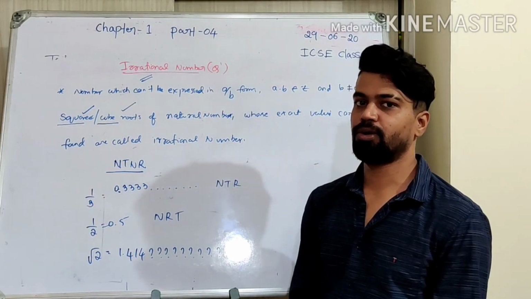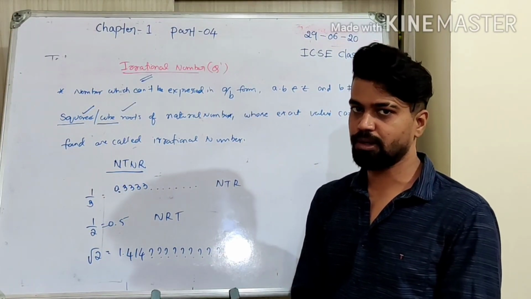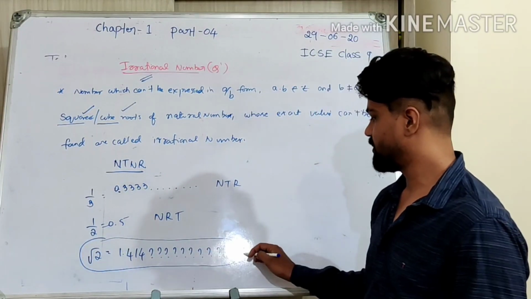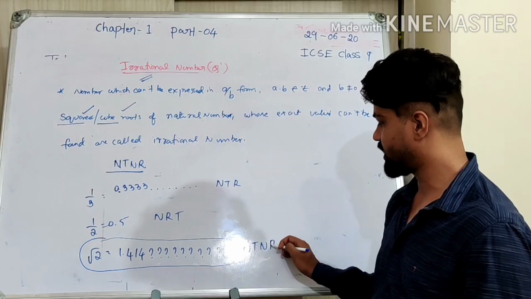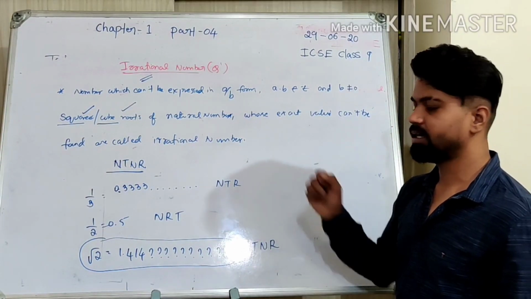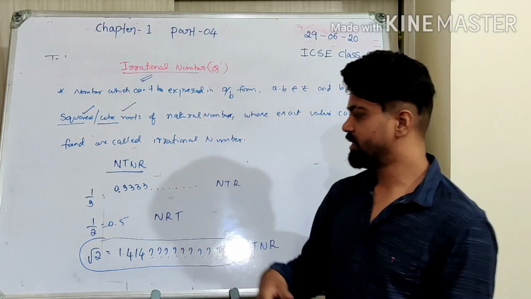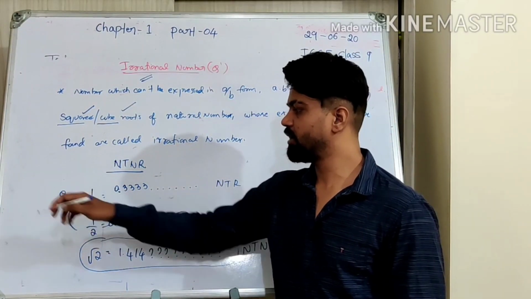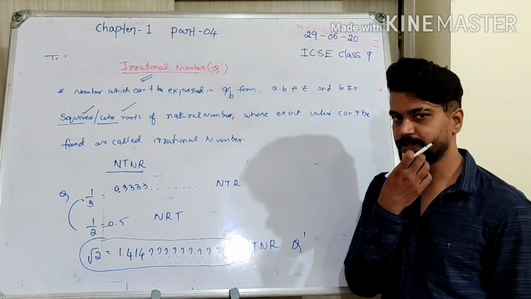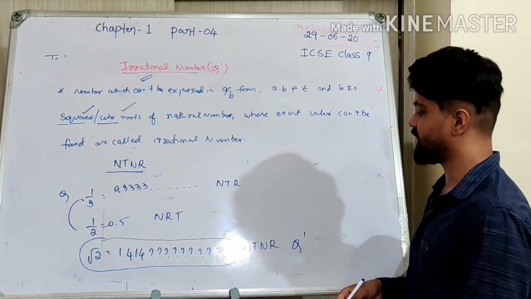Until we know what is coming next and it is going to stop, we cannot completely understand this number. So this is non-terminating, non-recurring. So the number which is either terminating or recurring will come under rational. The number which is non-terminating and non-recurring comes under irrational. I am repeating this again and again so that you should not have any doubt.